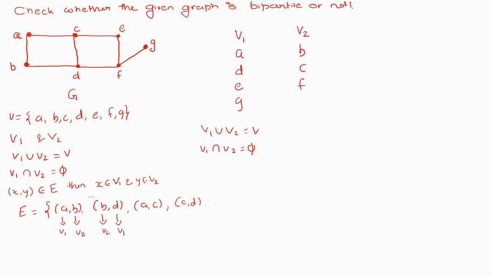That is, both the elements belong to alternate sets. Okay, they don't belong together. Therefore, this graph can be considered as a bipartite graph.